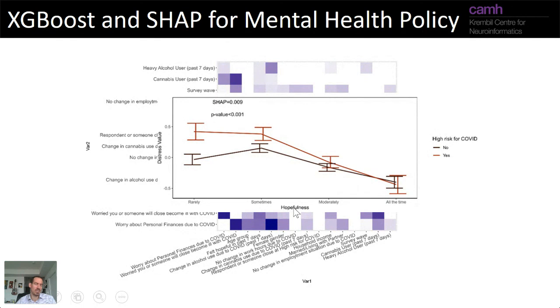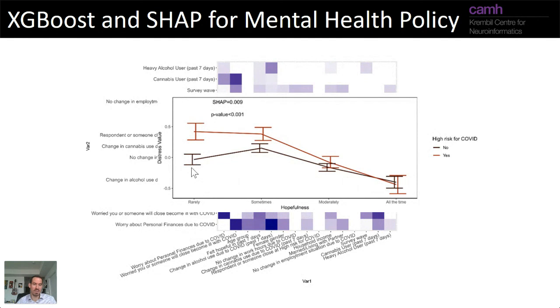The question on the test is, how often do you feel hopeful in the last 7 days? If you felt hopeful all the time, then there was no difference in how distressed you felt, your depression and anxiety, whether or not you were at risk for COVID. If you were at high risk for COVID, but were rarely hopeful, then your emotional distress was very high.